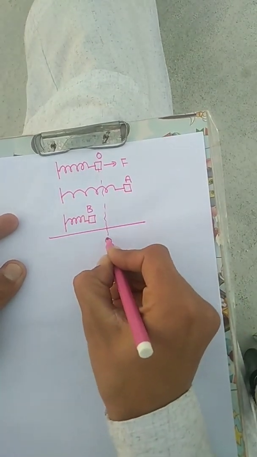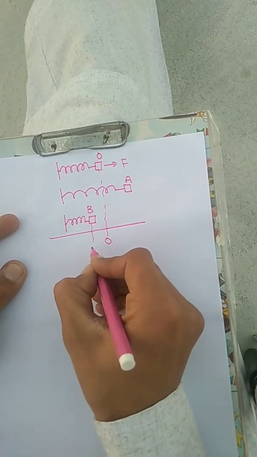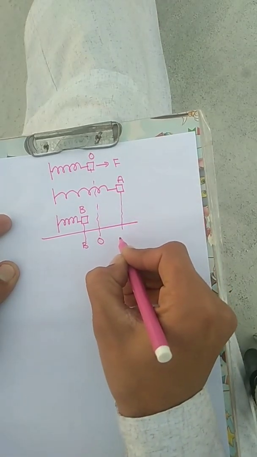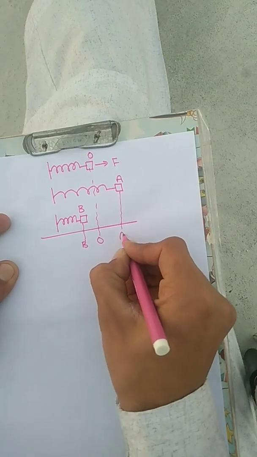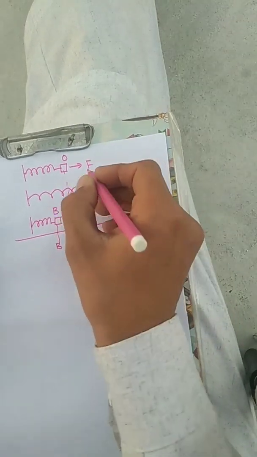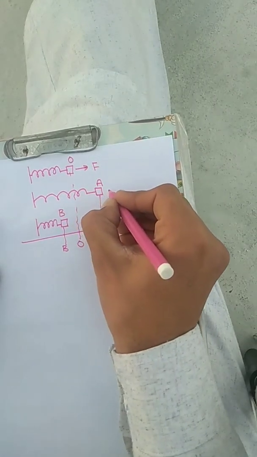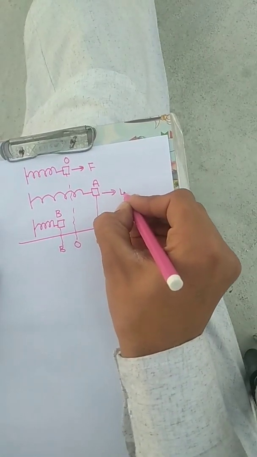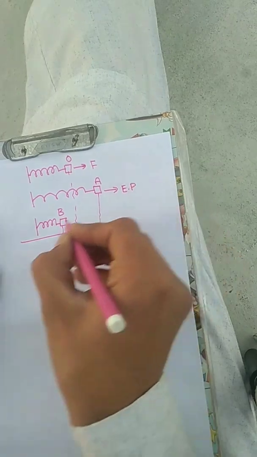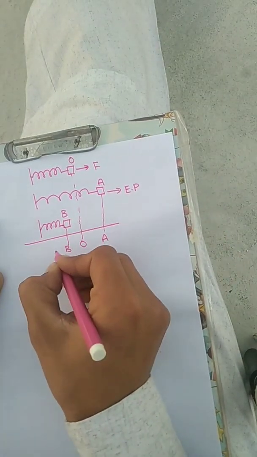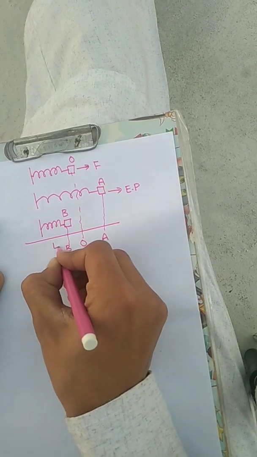Now we can label this figure here. This is the original position, and these two are the positions when the spring is stretched or compressed. The position which is obtained when we stretch the spring is known as an extreme position. The position where the mass reaches when we compress the spring is also known as an extreme position.